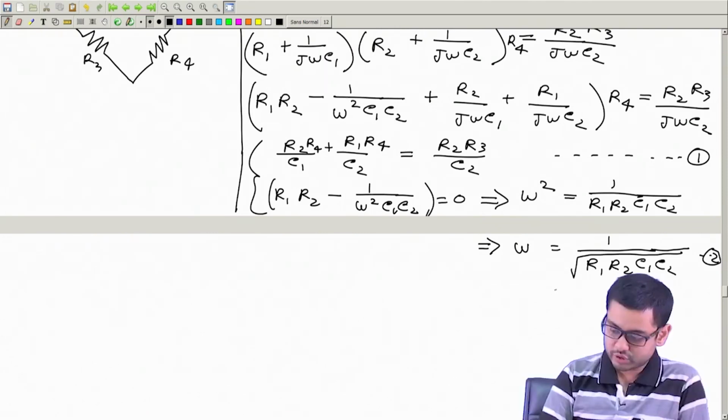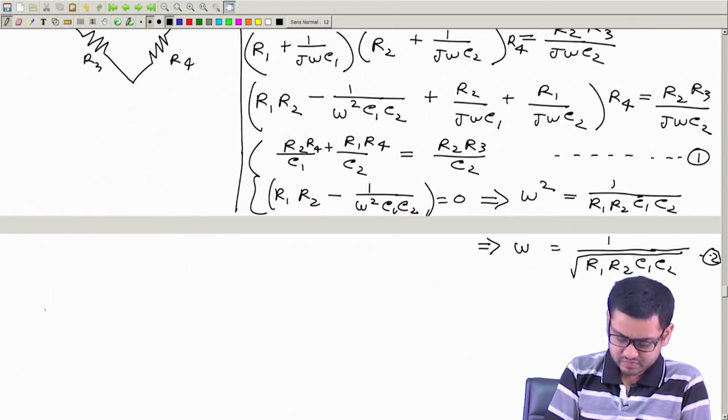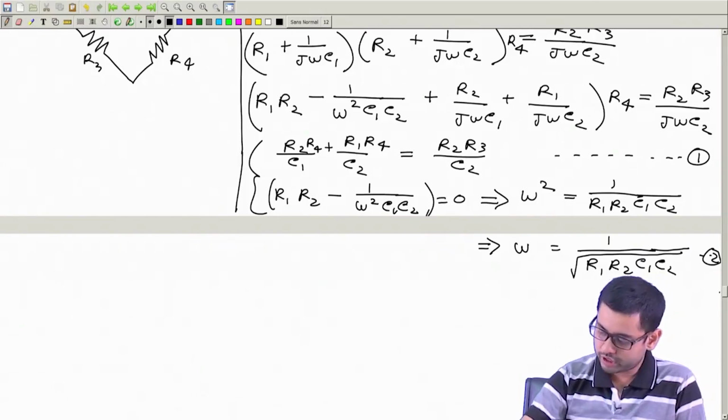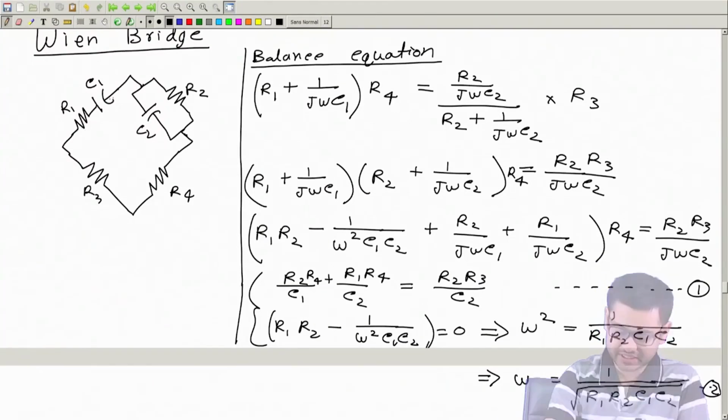So, now, these are the two balance equations, which means if we can adjust these impedances and get this bridge balanced, and therefore, if one of these sides is unknown, then by adjusting this we can get the bridge balance and find the value of these unknowns using this equation.